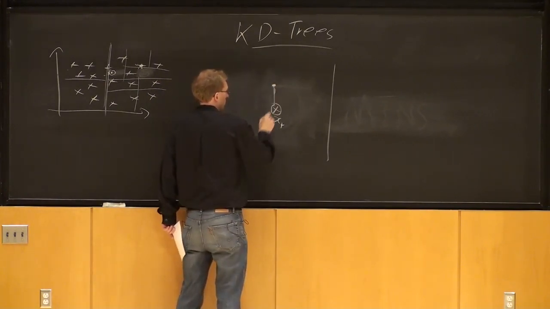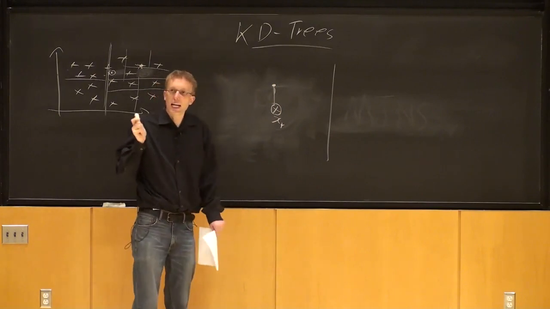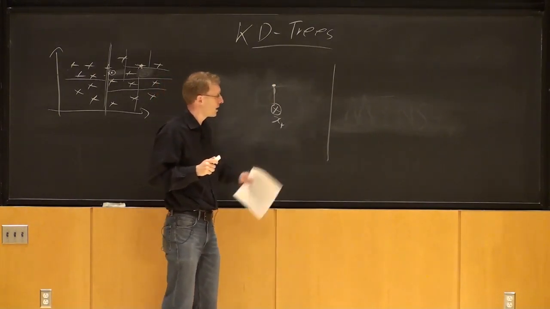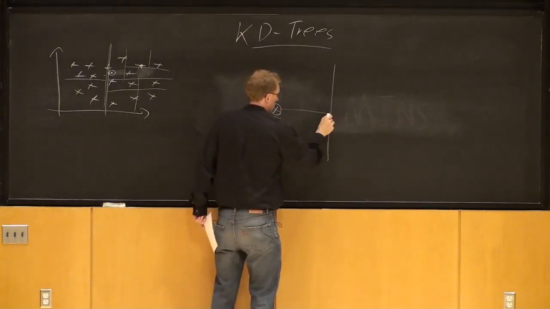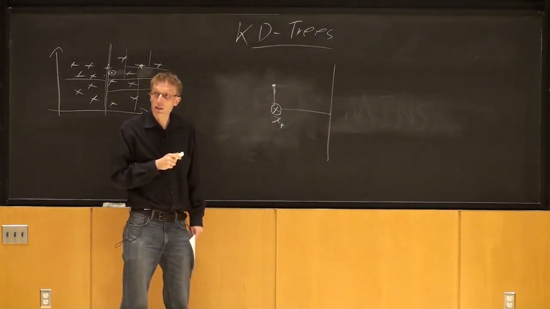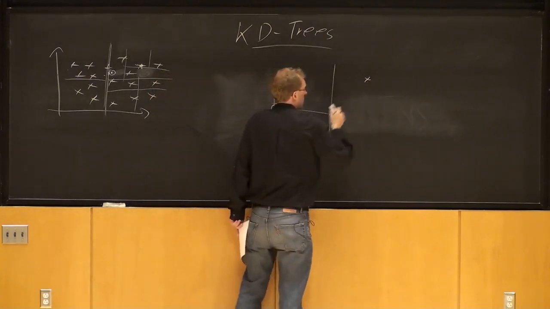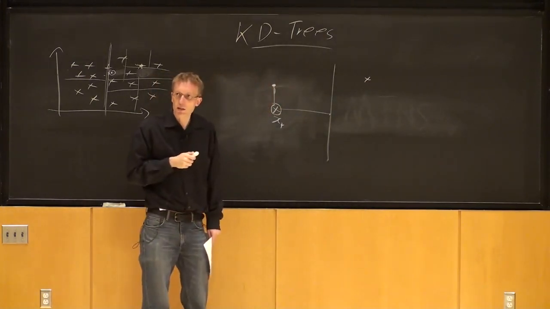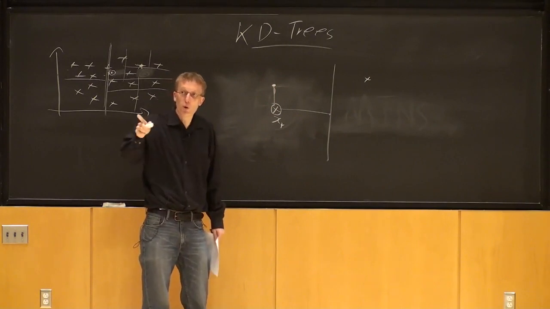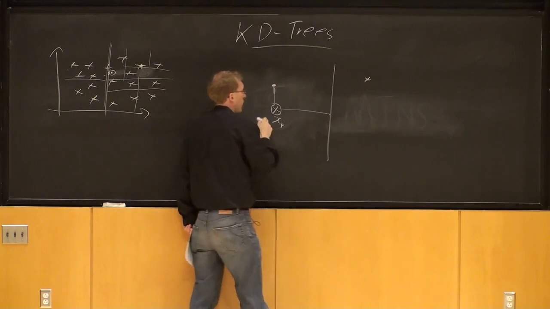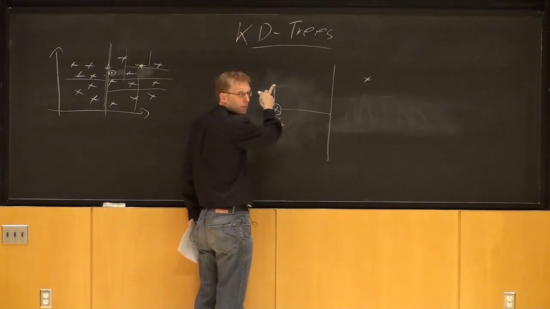I claim that this point is closer to my test point than this wall. Now I have another point here that I haven't looked at yet. Can you prove that this point here must be further away than this point?